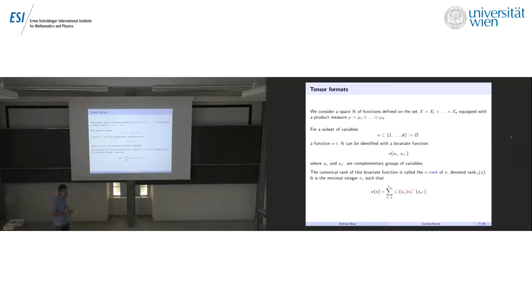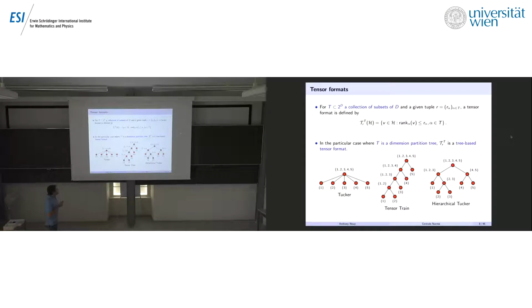Now, by introducing T, a collection of subsets of variables, you can introduce a tensor format, this set of functions, such that the alpha rank is bounded by some integer for any alpha in this collection of groups of variables you have chosen. Okay? This is called the tensor format.